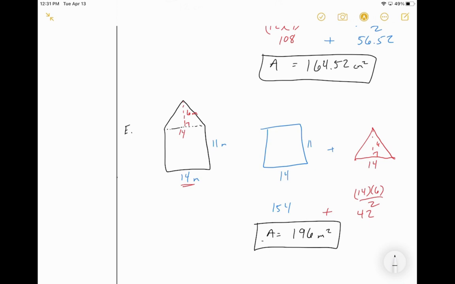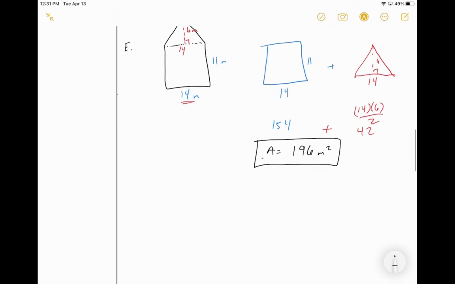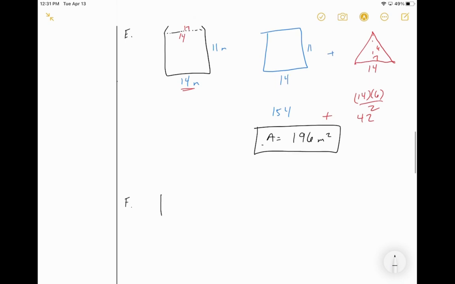All right, let's do one more, and then we're going to move on to something else. Let's do one more just to make sure we got it. Okay, let's see.